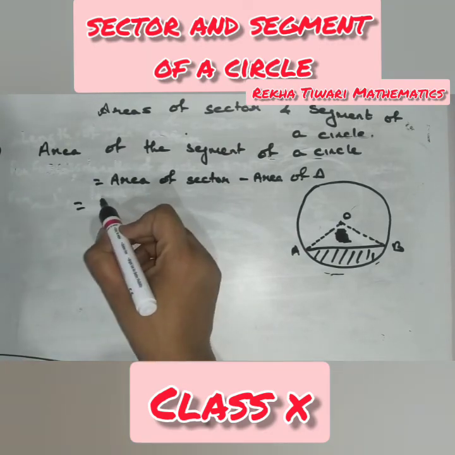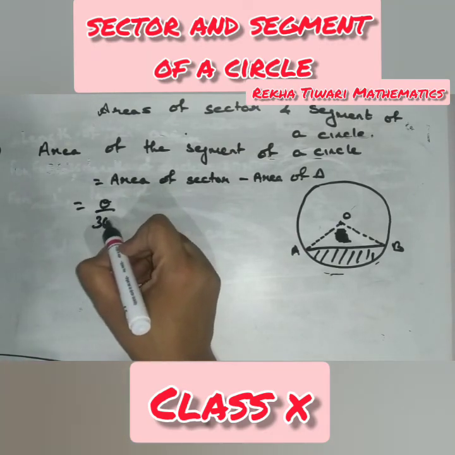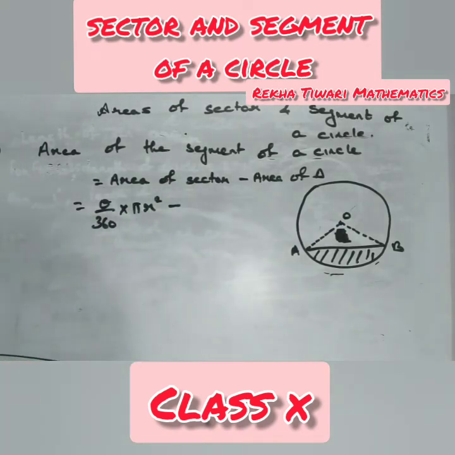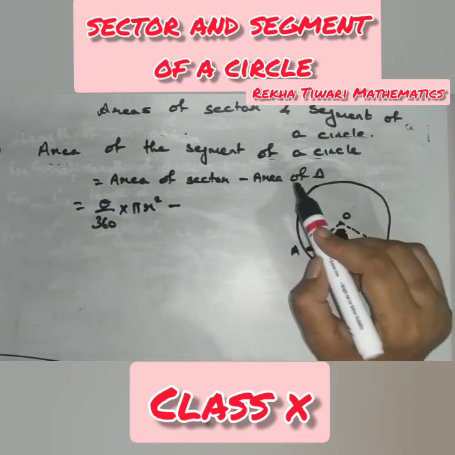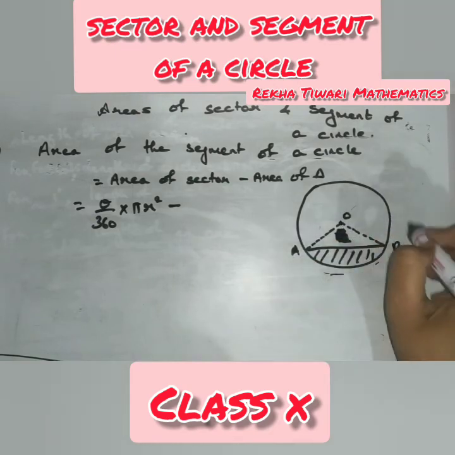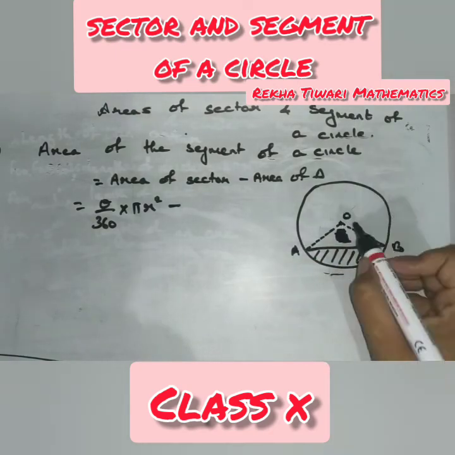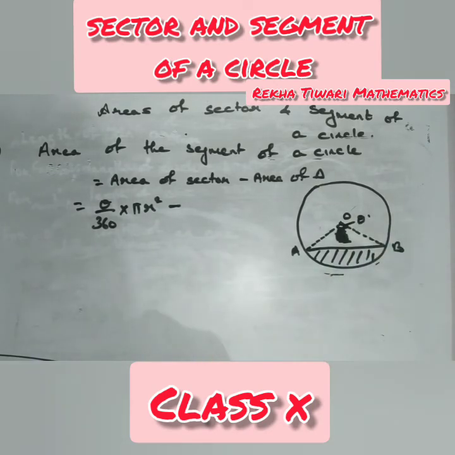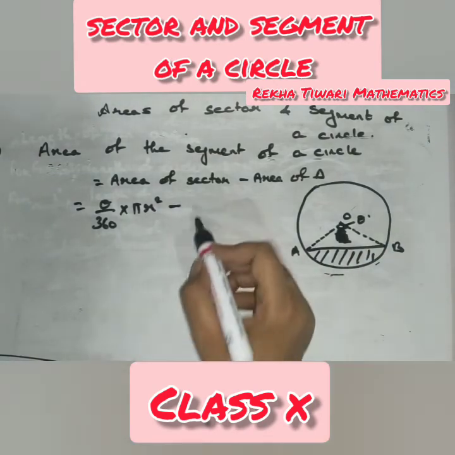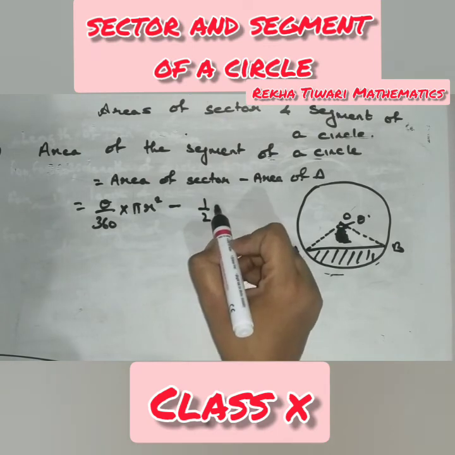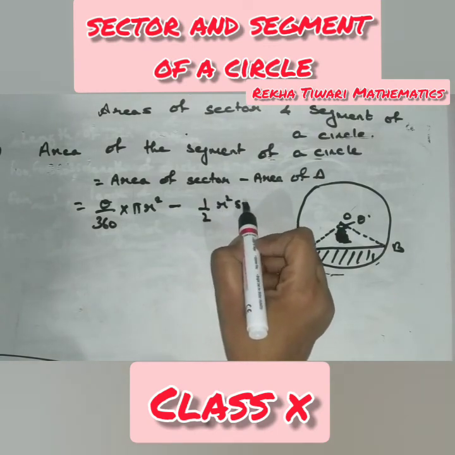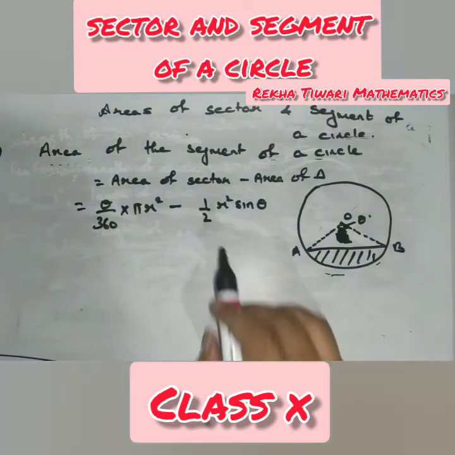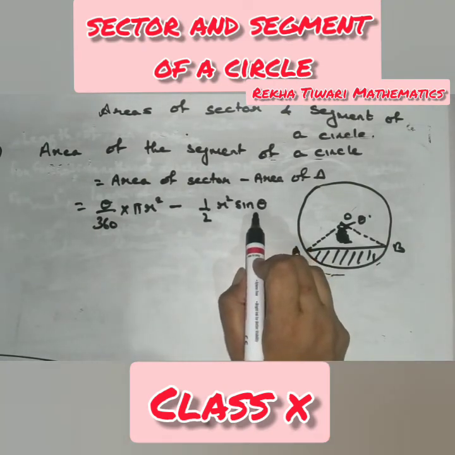And we know that area of sector is theta upon 360 into pi r square minus. Now the question is, what is the area of this triangle? Correct. The angle is theta here. So area of this triangle is half r square sine theta. This you have to remember.